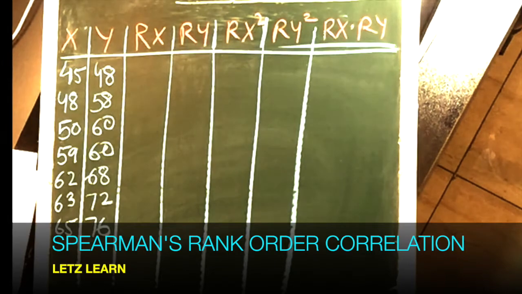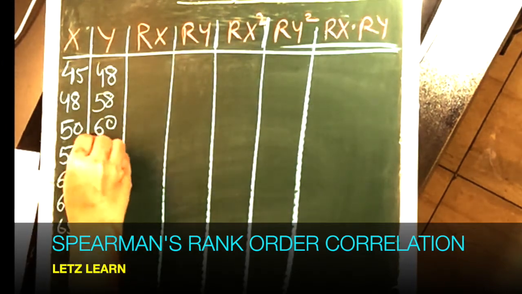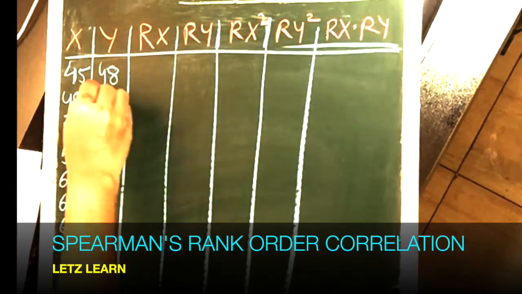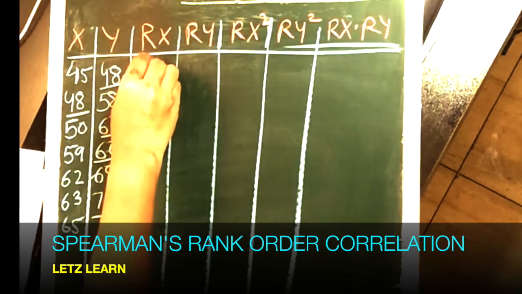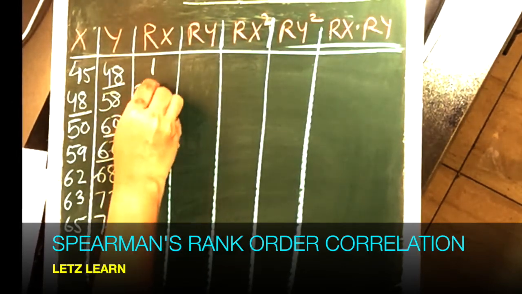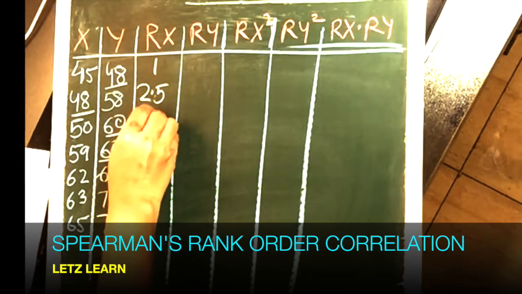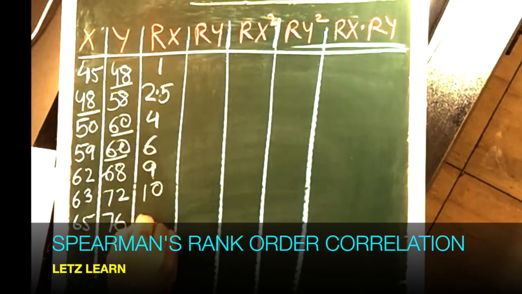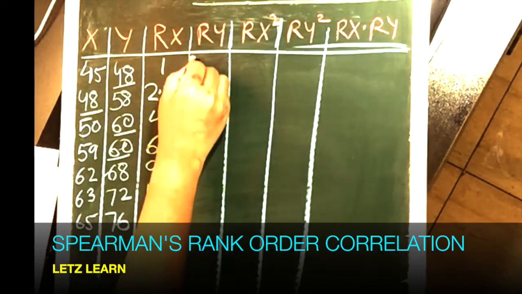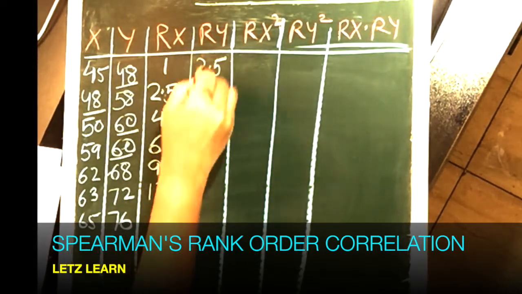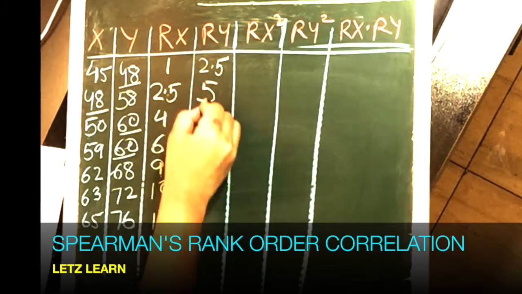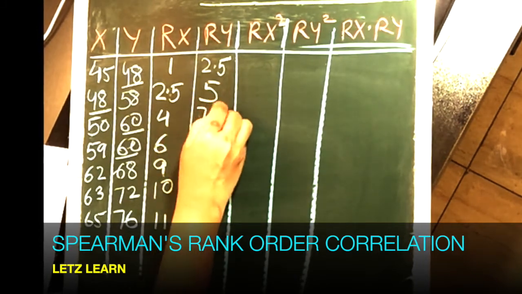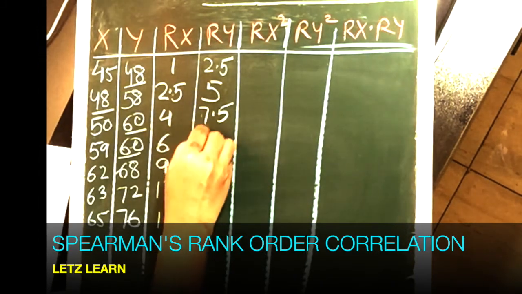Ranking for X will be Rx, ranking for Y will be Ry. I have underlined the common data here, that is 48 and 60. These two numbers have the tied ranking, and we are placing all the rankings here. You can maybe pause the video and do it on your own so that you can practice it well.